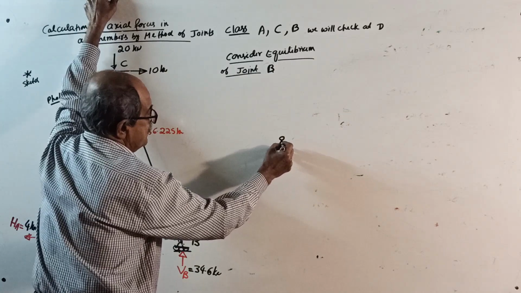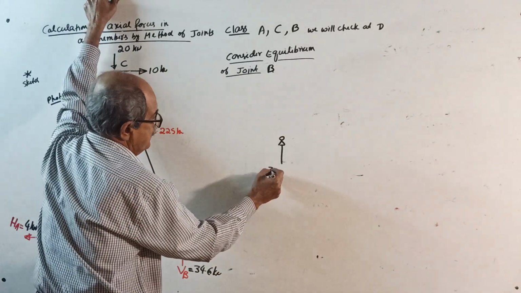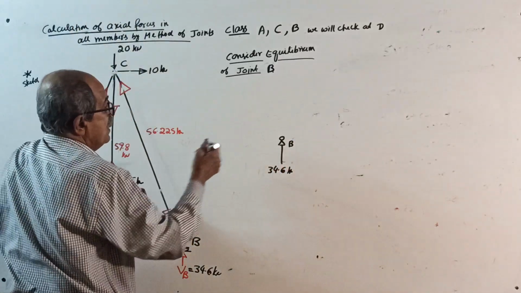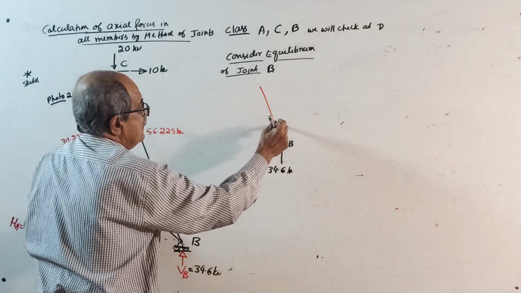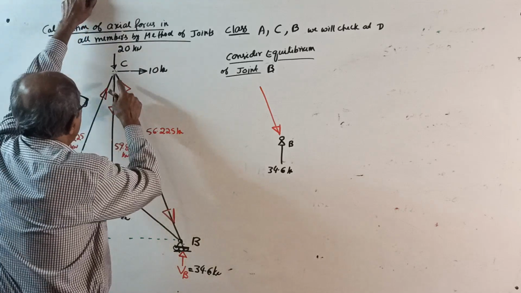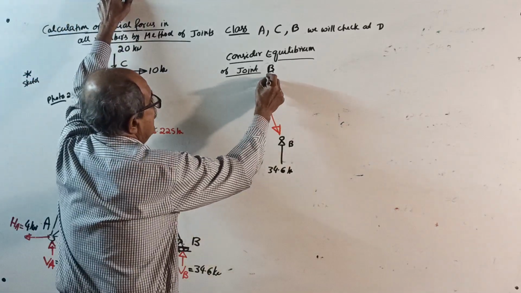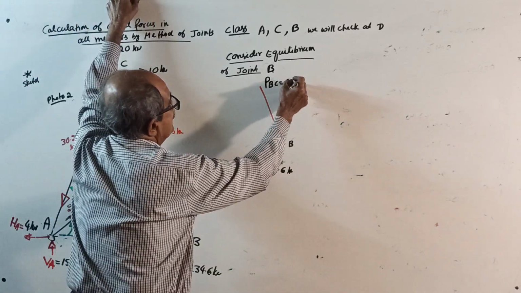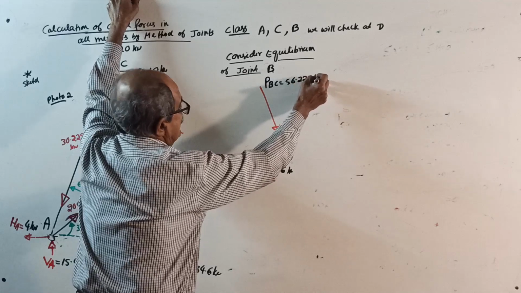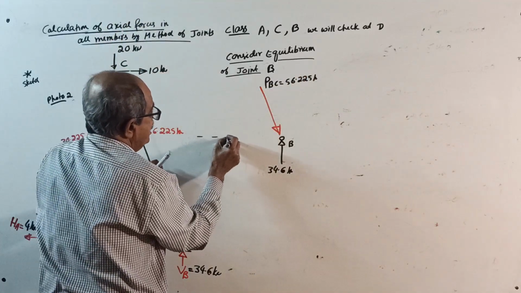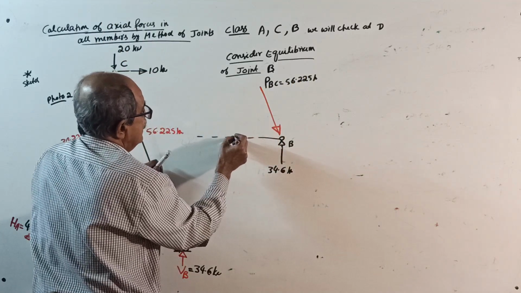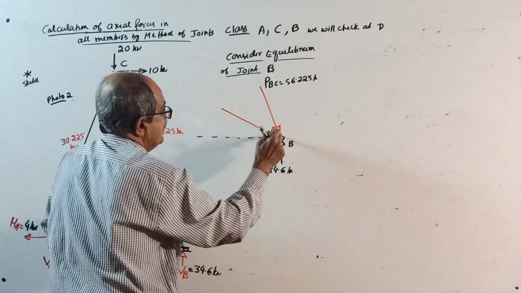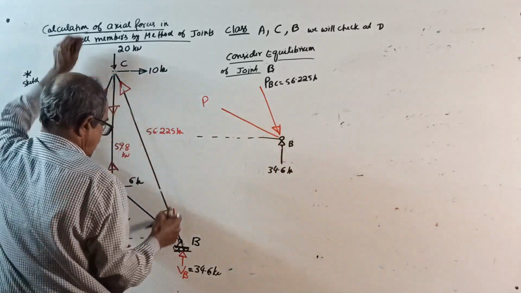One upward force here, 34.6 kilonewton. This is B. Then one force coming here, PBC, already known, 56.225 kilonewton. And for that member, angle I will put later. One more member force, unknown force is here. This is PBD.